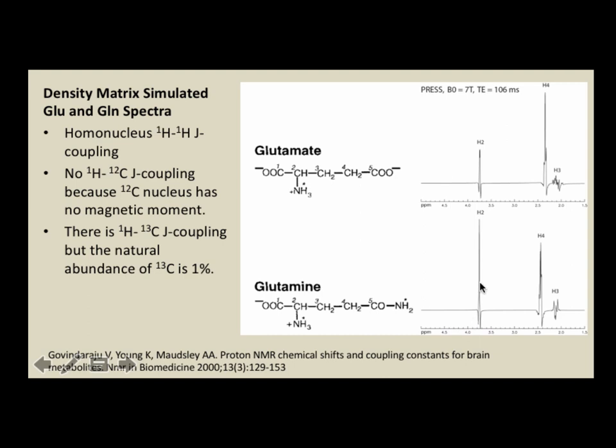Here I show density matrix simulated glutamate and glutamine spectra. In the glutamate molecule, the 5 carbons are labeled 1, 2, 3, 4, 5 at different sites.